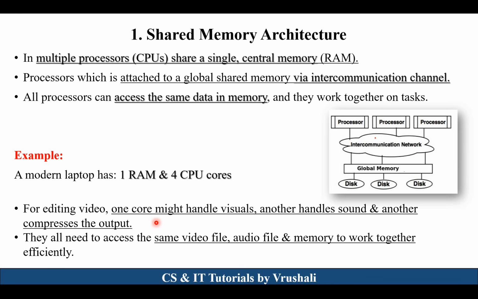Multiple cores are working together on the same system. So they access the same video file, same audio file, and store all this information on the same memory, right? Multiple processors use the same memory for working purposes. So this is called shared memory architecture.